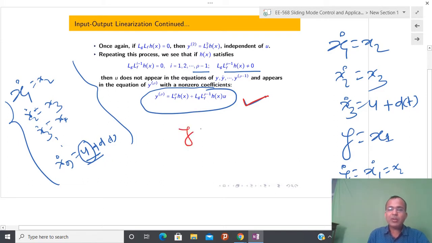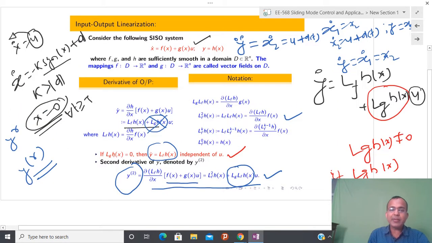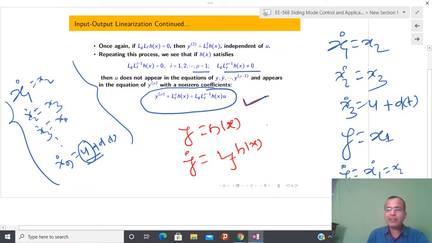What I am telling is, y equal to hx, and after that y dot equal to Lf hx. In this process we are assuming, if you see the previous slide, that LgHx equals 0. So I have the implicit thing here that LgHx equals 0.